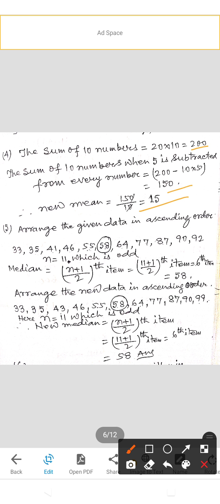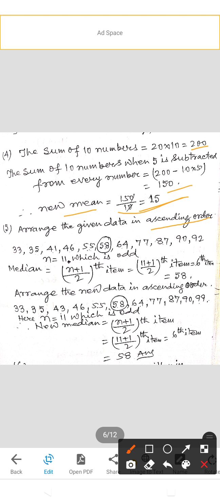Therefore the new mean equals 150 by 10, equals 15. In another method, directly you can do it: the old mean equals 20, and if 5 is subtracted from every number, the new mean equals 20 minus 5, that is 15.